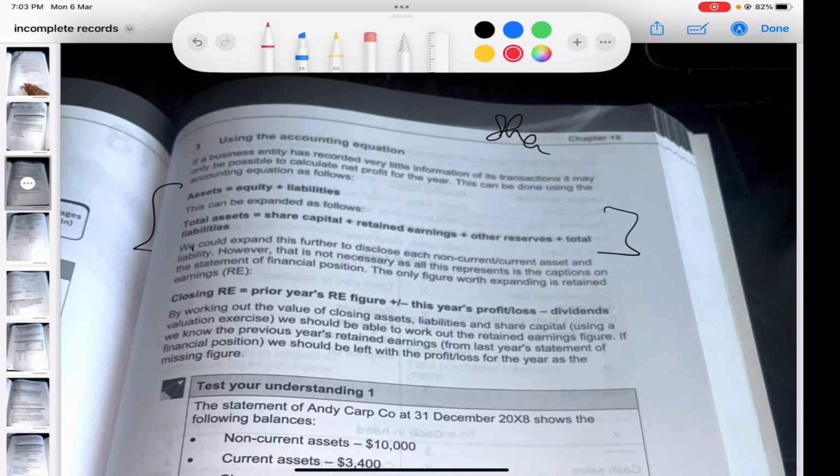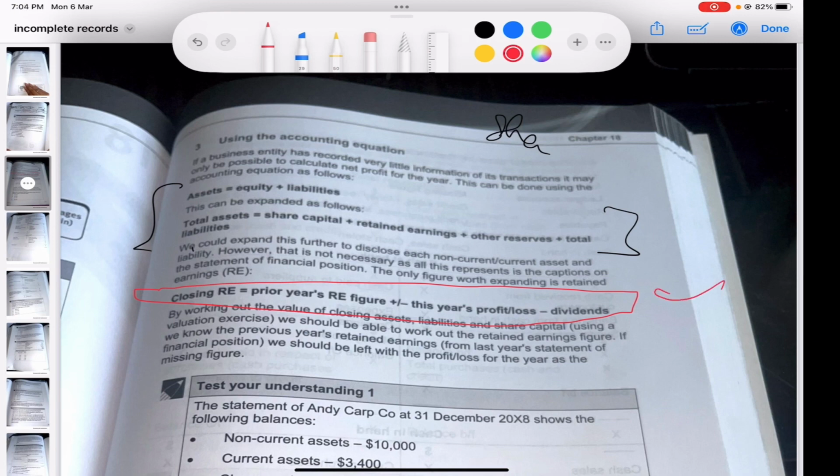So now there is one thing which you can explain. Let's come to this one. What is this? Closing retained earnings is equal to prior year's retained earnings figure, which is basically opening, plus or minus profit or loss. So if I have retained earnings and this year I made profit, I will add it to my retained earnings. If I made a loss, I will subtract it from my retained earnings. And whatever dividends I have to give to my shareholders, I subtract from the retained earnings. That's what we have studied in the previous chapter.